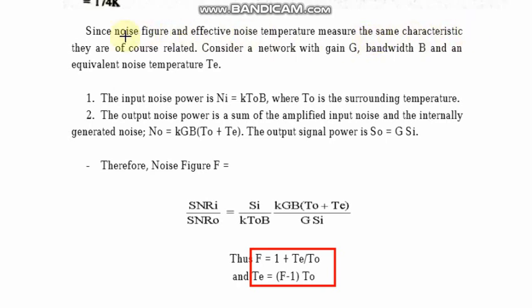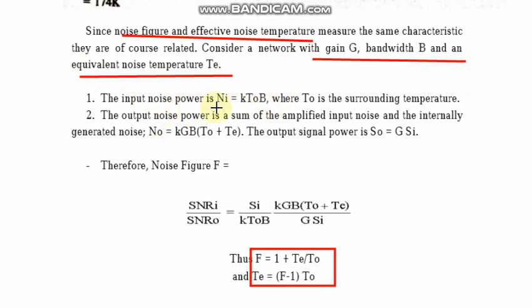They are interrelated, and they are related with gain, bandwidth and equivalent noise temperature TE. Now, already we have studied the input noise power Ni is equal to k T0 B, where B is the bandwidth and T0 is 290 Kelvin that we have taken for the surrounding temperature.